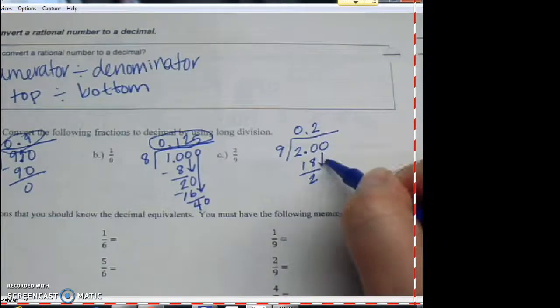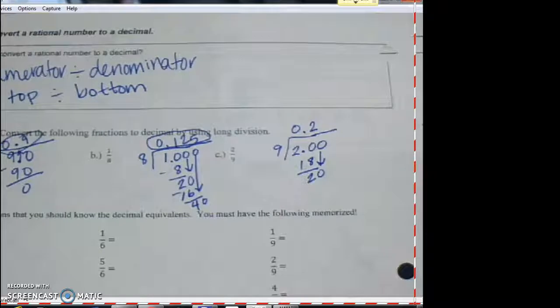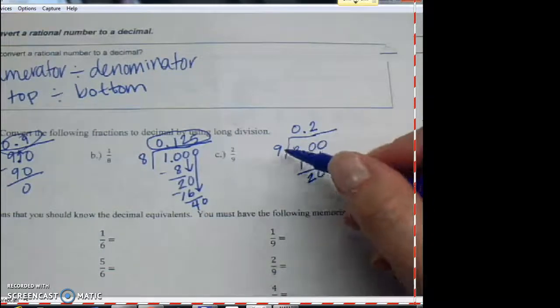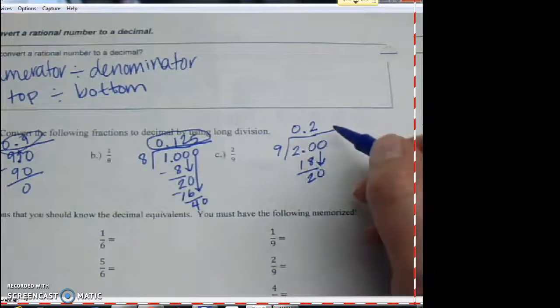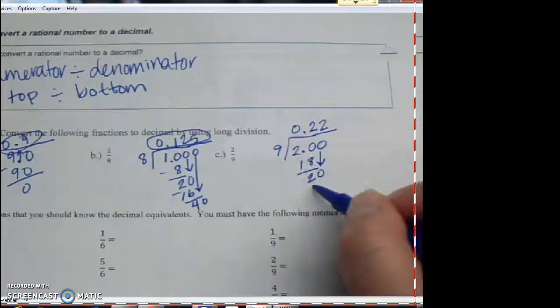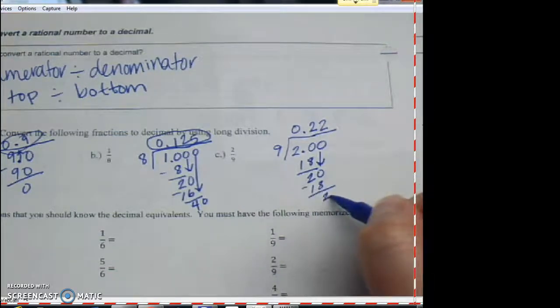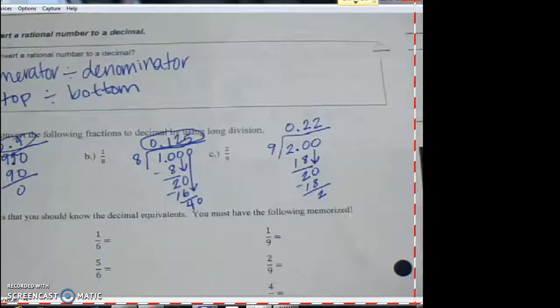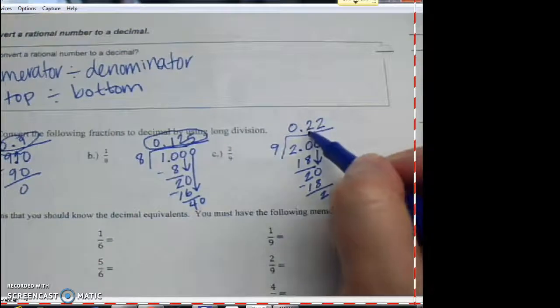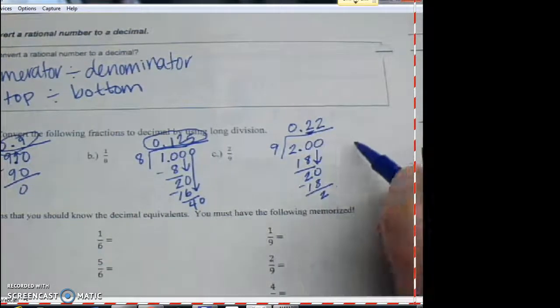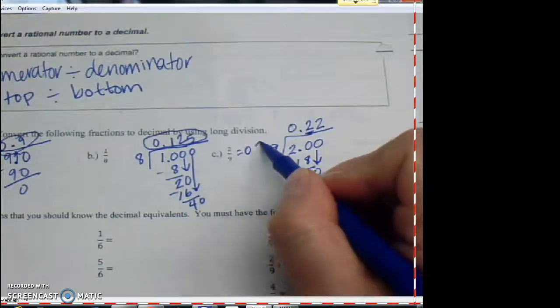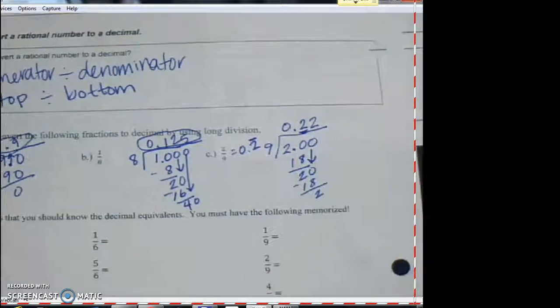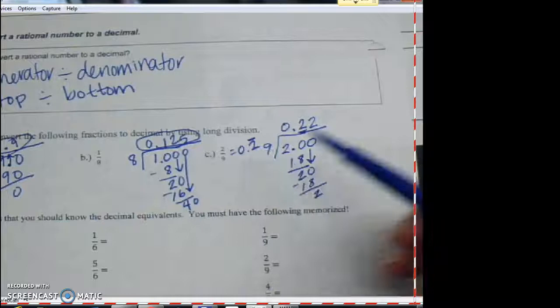I'm going to add a 0 and bring it down. 9 will go into 20 2 times. What's going to happen each of these times? What's it repeating? 2, right? It's repeating this 2. So 2/9 is 0.2 repeating. Remember that bar means it's repeating.